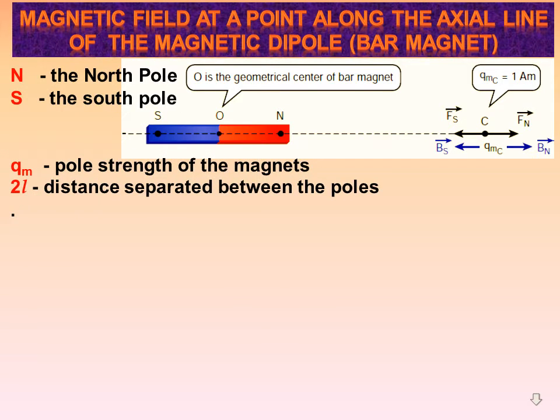N is the north pole and S is the south pole. Qm is the pole strength of the magnet. Then 2l is the distance separating the two poles.